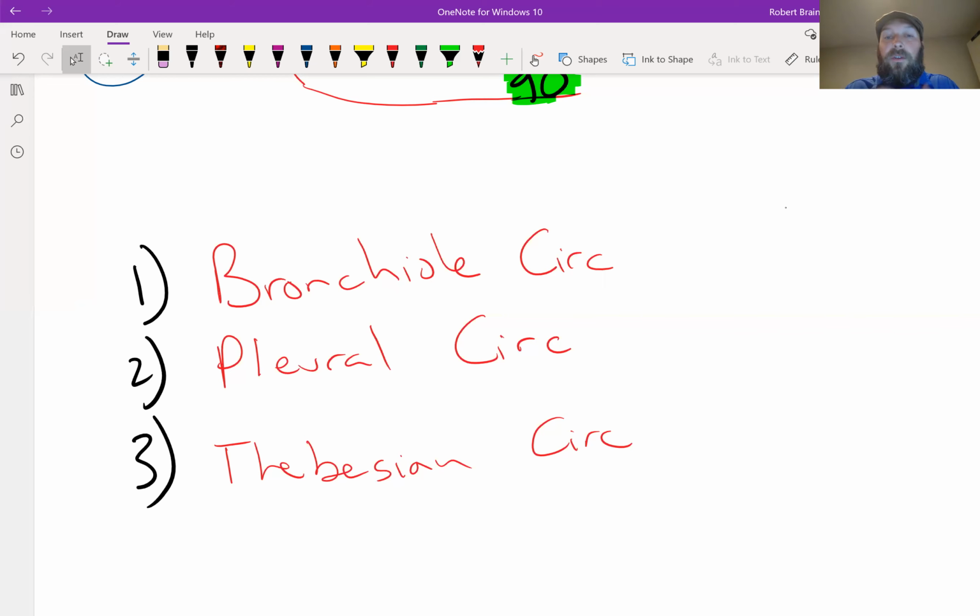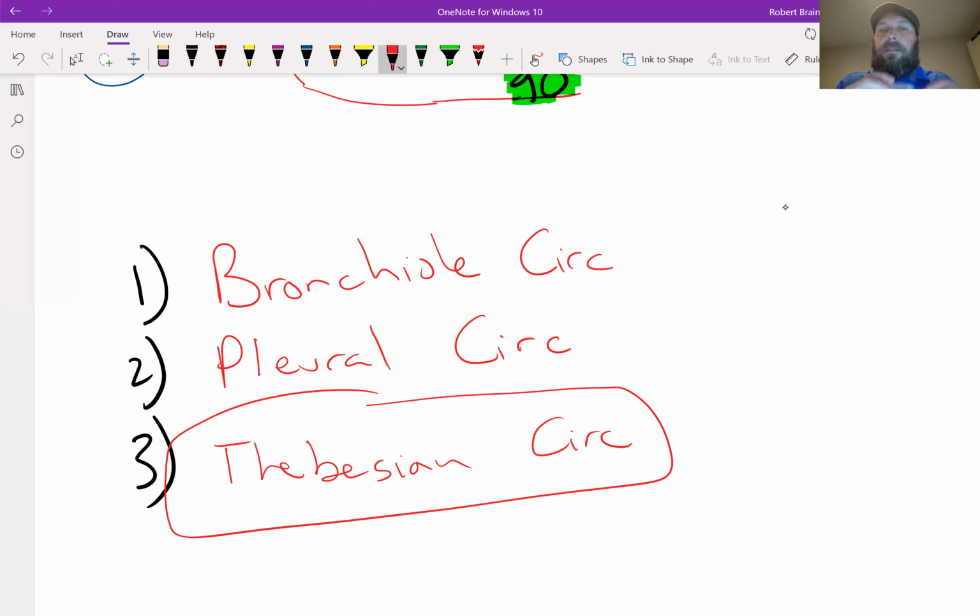It's the circulation that feeds the pleura that cover the lungs, specifically the visceral pleura. That gets dumped back in, once again, to the pulmonary veins. And the last one is called the Thebesian circulation. It's a series of very small vessels that feed the endocardium and the first couple of cells in the myocardium of the heart itself.